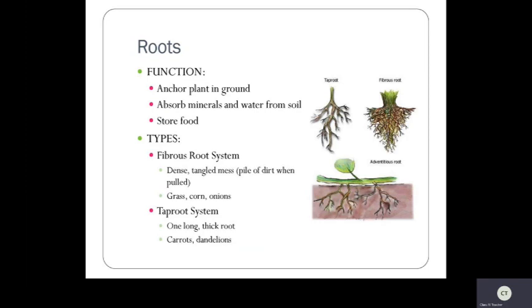If there is no root system, what happens? The stem will fall down. Right, children? Did you understand? That is, in order to help the plant stand erect or stand straight, these roots are important. Okay, anchor plant in ground.